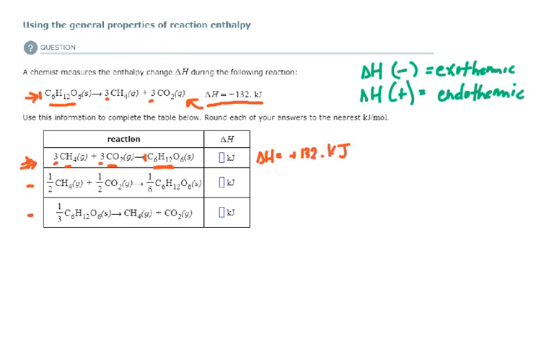Now we look at the second example here. I've got half a mole of methane reacting with half a mole of carbon dioxide, and it's producing 1/6 of a mole of glucose. Well, again, we have reversed the process. So this process is reversed from the original process, and I have reduced the number of moles of substances involved in this reaction.